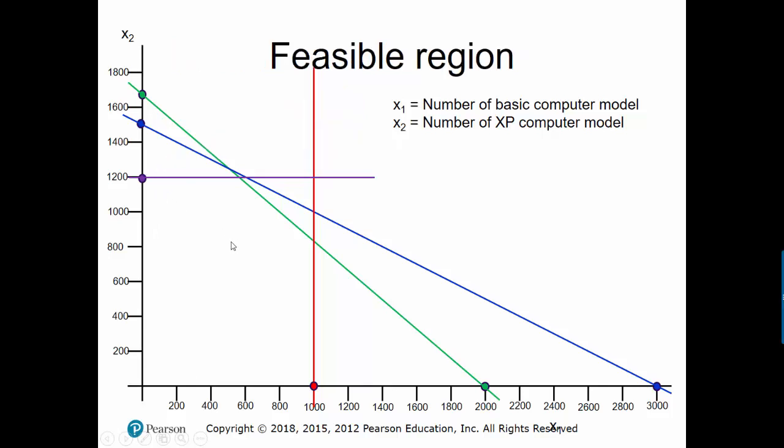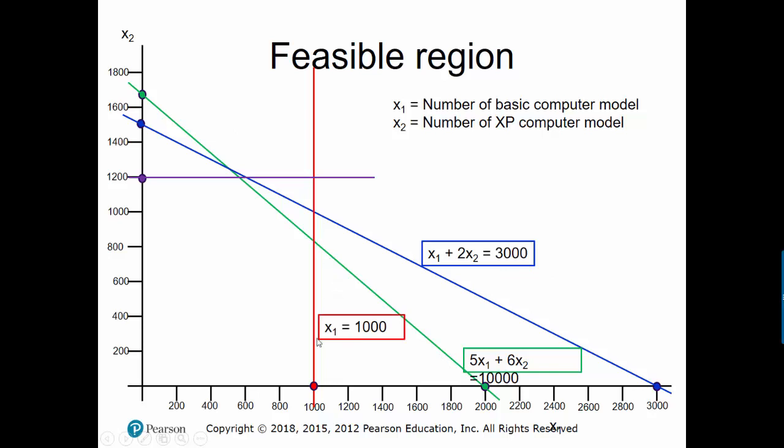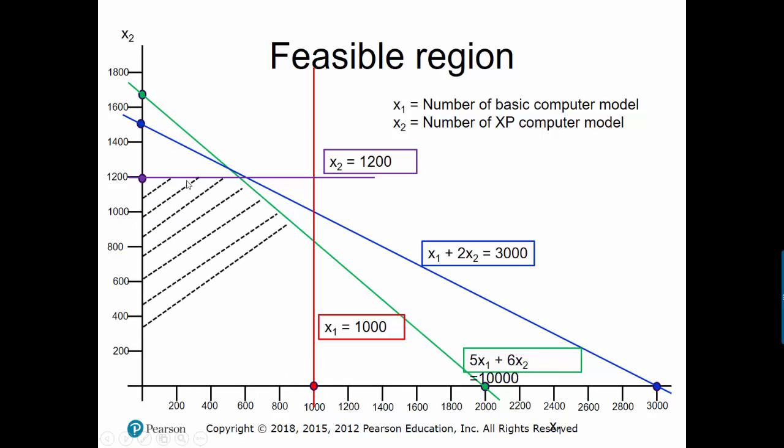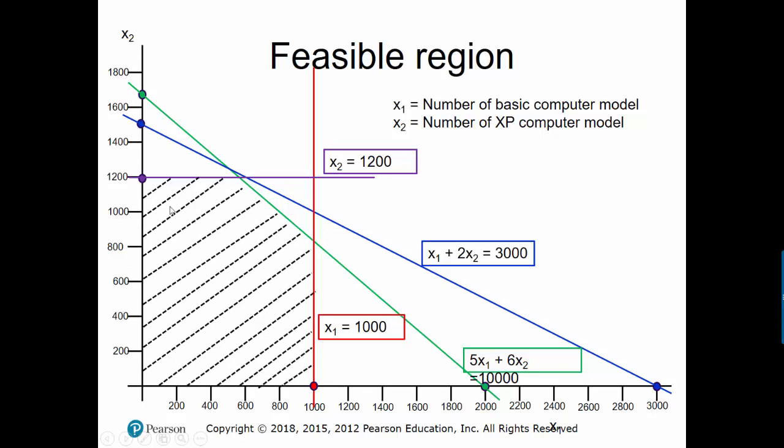So now we have determined the feasible region. Okay. So we have a constraint here, that's the first line. This is the second line. This is the third line. That's the fourth line. Okay, and this is your feasible region that satisfies all the four constraints.